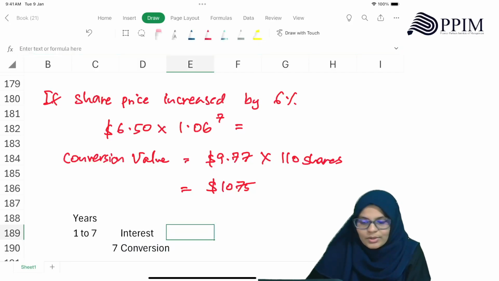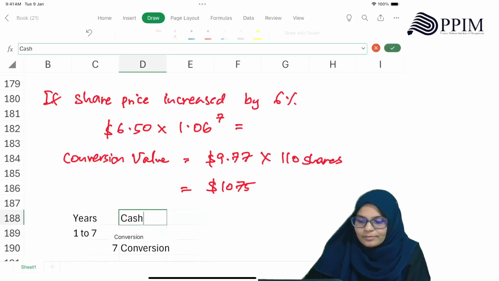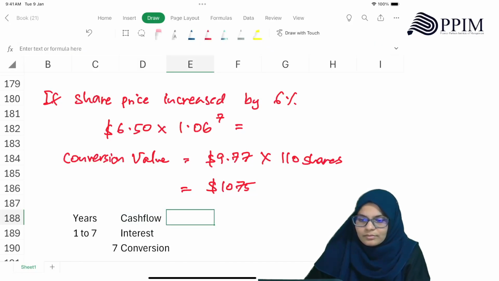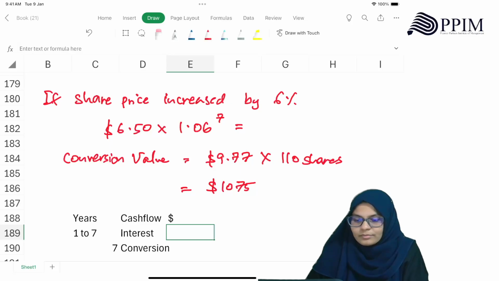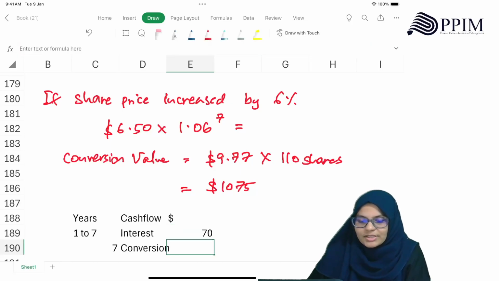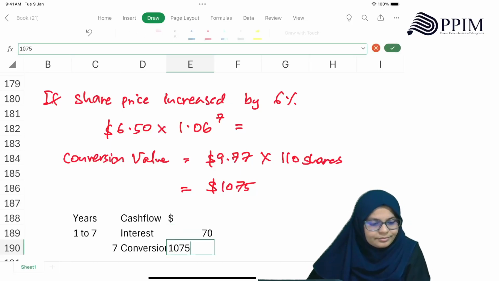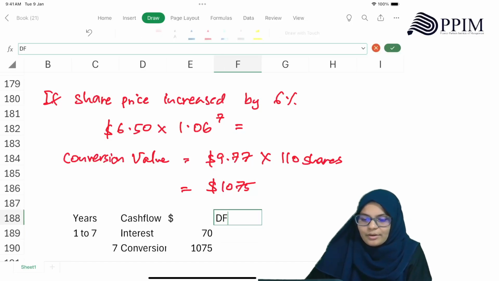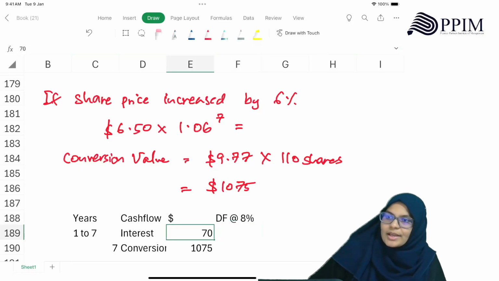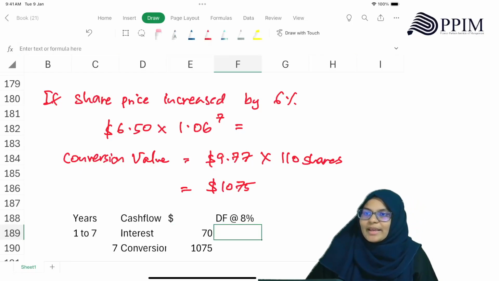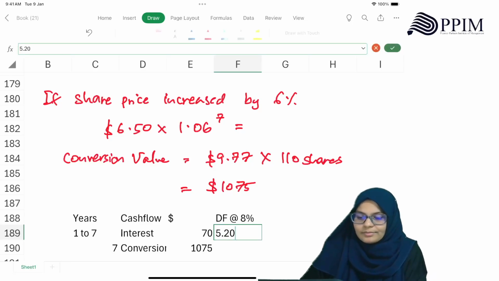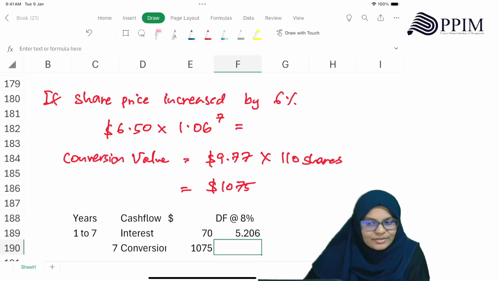So interest was 70. Conversion is 1075. Discount factor at 8%, discount factor or annuity factor. So the annuity factor for interest will be 8% for 7 years, which is 5.206. And the discount factor for 7 years will be 0.583.